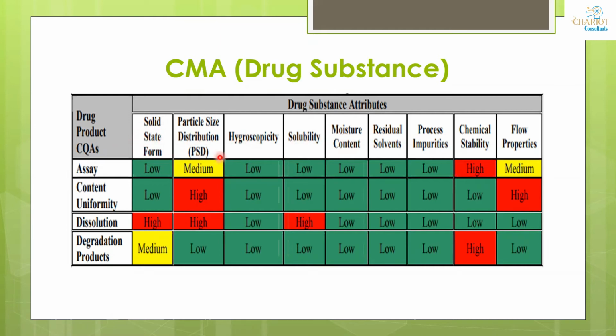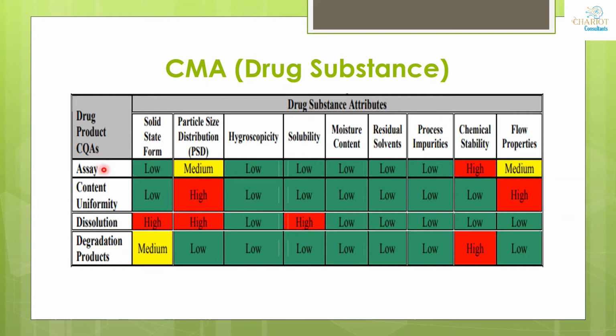For example, solid form and particle size, they will tell you how much it is. The hygroscopic studies, the solubility of the drug substance you have already identified in pre-formulation, the moisture content, the residual solvent, the process impurities, chemical stability, flow properties. So these are the drug substance attributes. But how will they impact your CQAs?